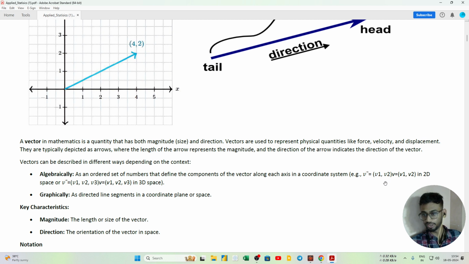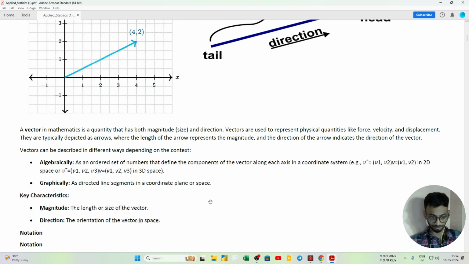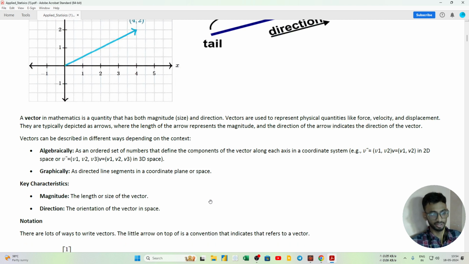This is the point in a coordinate system. This is a two-dimensional coordinate, and this is for the three-dimensional coordinate. And graphically, as a directed line segment in a coordinate plane or space. Key characteristics: magnitude, the length or size of a vector.